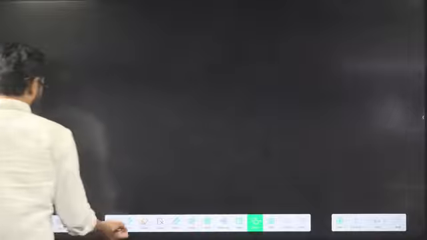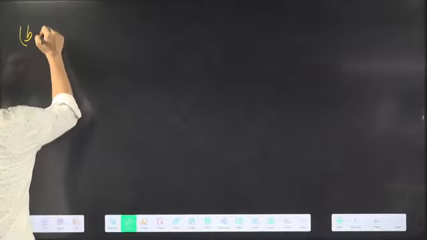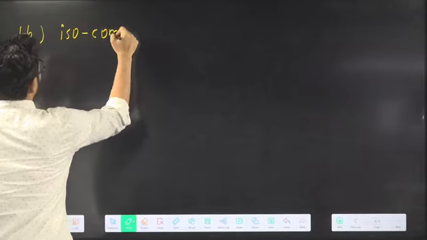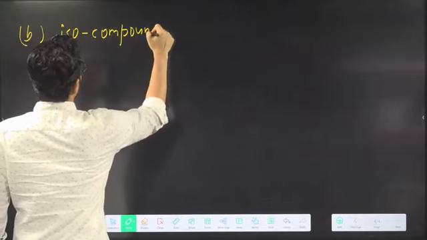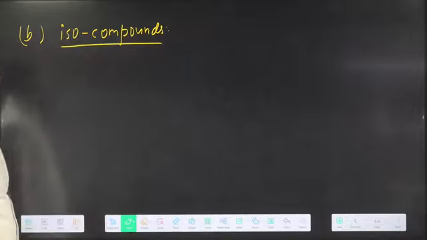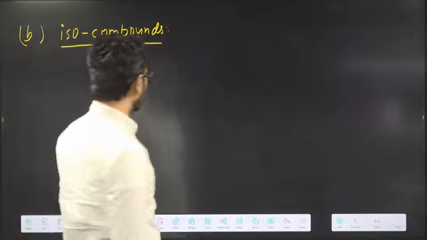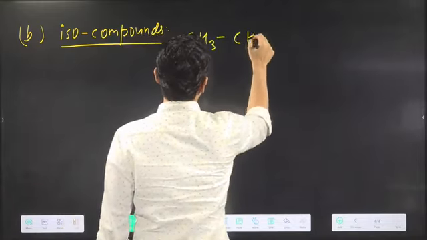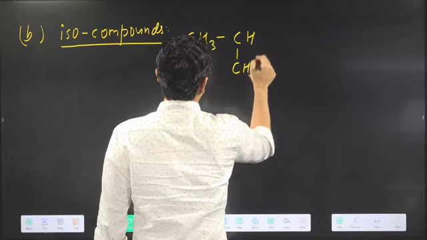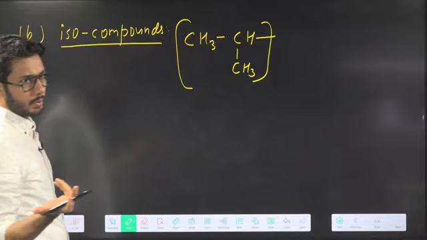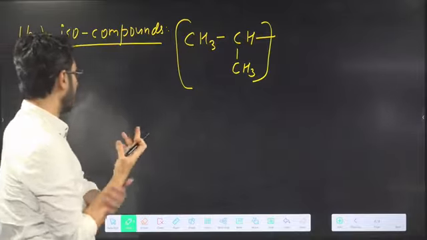After the N compounds, next are the iso compounds. Iso arrangement is like this. Again, their significance is 3 to 5 carbons only. You will not get examples beyond that.